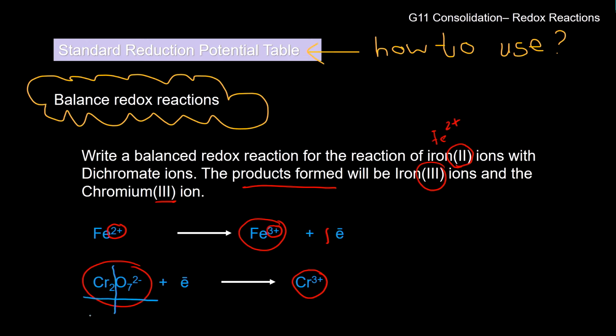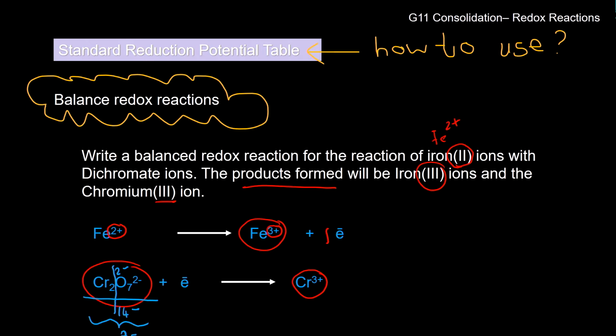I know that the overall charge on this ion is 2 minus. Can we see it there? 2 minus. So oxygen, from our knowledge of the periodic table, has an oxidation number of 2 minus. There are 7 of them. So that means that there is going to be a charge of 14 minus. 7 times 2. Our overall charge has to be 2 minus.